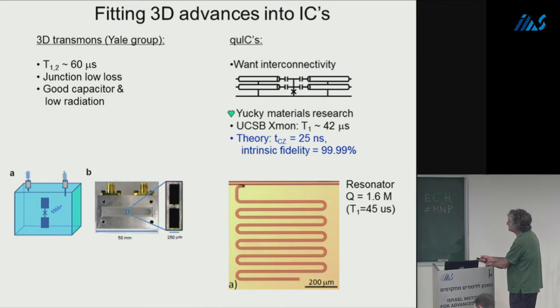You have to do lots of materials research to get this to work, which we love. And with doing things right, we can get a coherence time that's very close to the 3D transmons with a lot of work to figure out how to get this all working. And also we have the theory for entangling gates, control Z between two qubits. That's very fast, very high intrinsic fidelity. So this is kind of what we're working on, and I'll show you data on how we think we can get this to work pretty well.